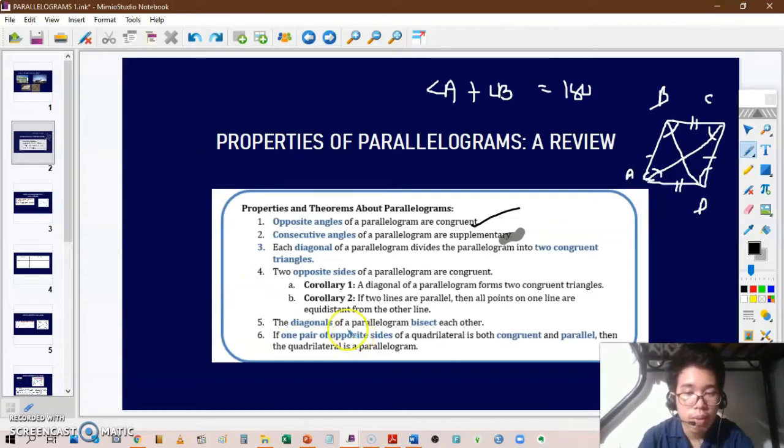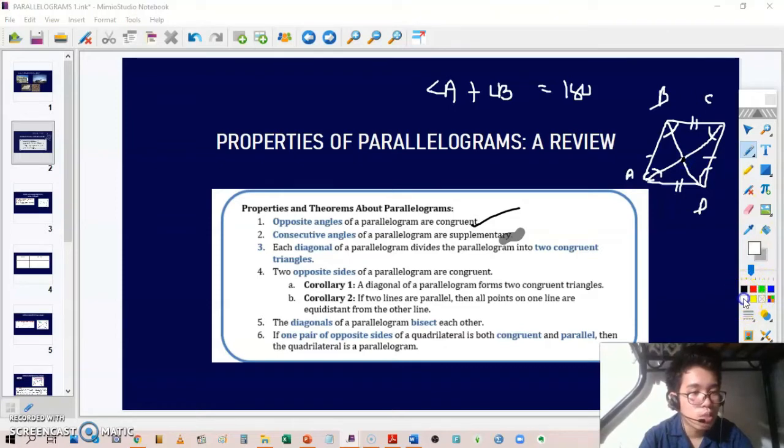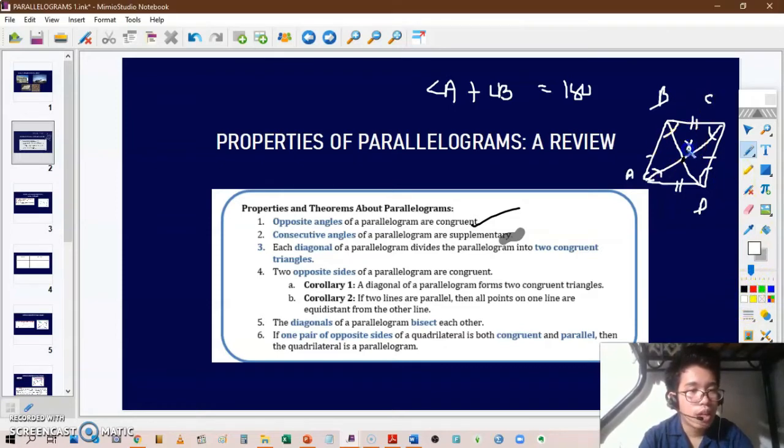And the diagonals of a parallelogram bisect each other. When diagonal BD and diagonal AC intersect at this point, let's say point X, BX and XD are congruent because they have been bisected by diagonal AC. We also have AX and XC congruent because they have been bisected by diagonal BD.